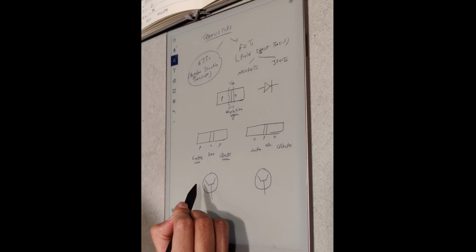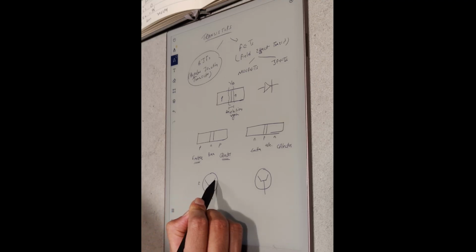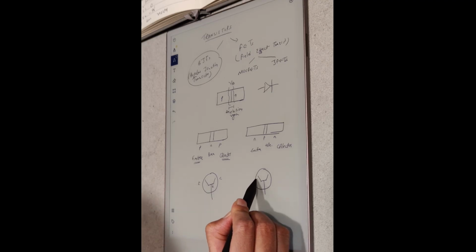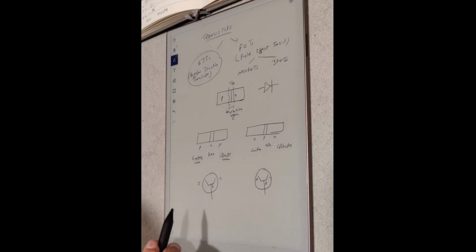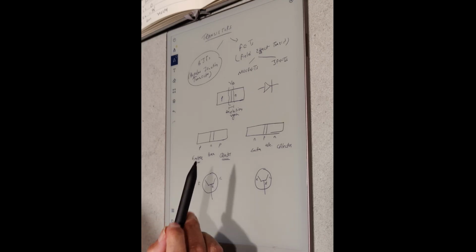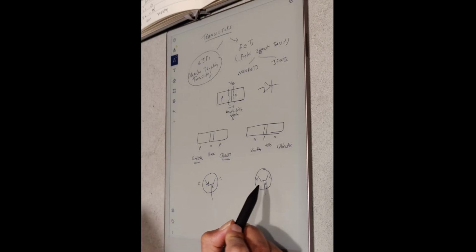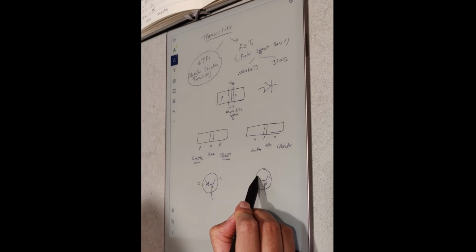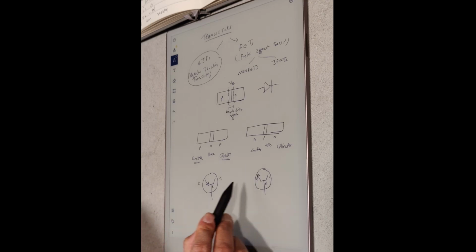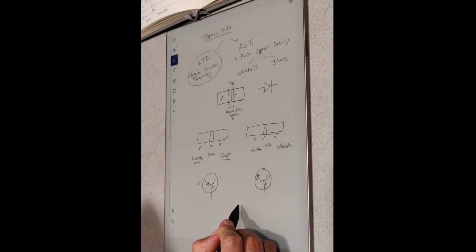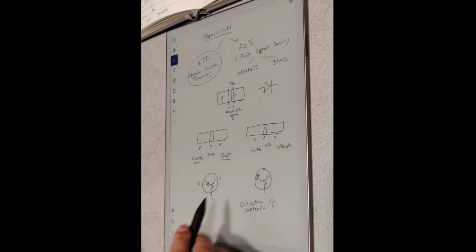So let's say this is my emitter, this is my collector, and this is my base. For the PNP, you have an arrow that goes in, and for the NPN, you have an arrow that goes out. And this arrow is actually the direction of current that is flowing through the transistor.